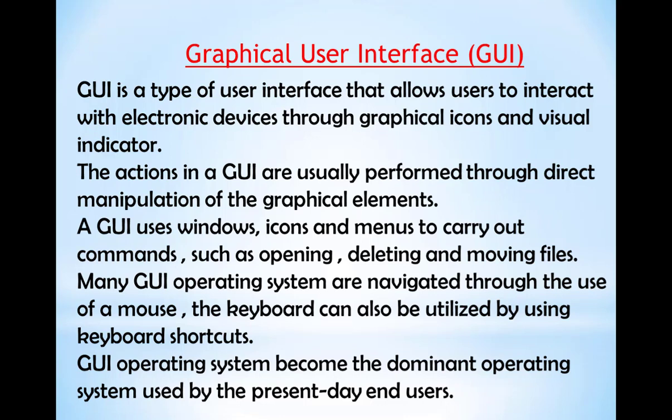For example, all versions of Microsoft Windows utilize a GUI, whereas MS-DOS does not. In Windows, all the versions have graphical icons and visual indicators, but in MS-DOS there are no graphical icons. So the user has to write all the codes, all the commands by himself.